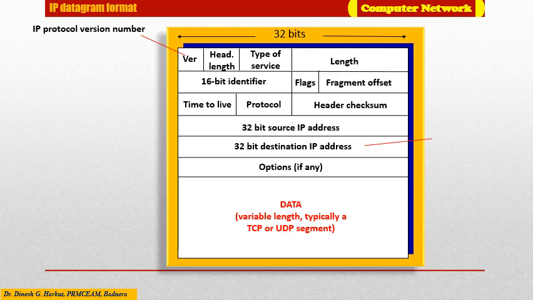Different versions of IP use different datagram formats. The datagram format for the current version of IP, that is IPv4, is shown in the diagram, and we will see the datagram format for the new version of IP, that is IPv6, in a later part of the session.